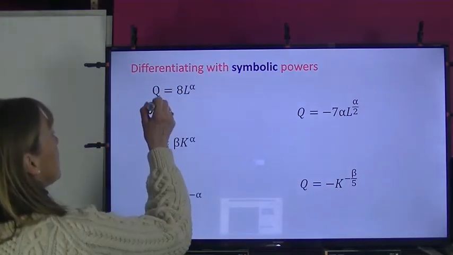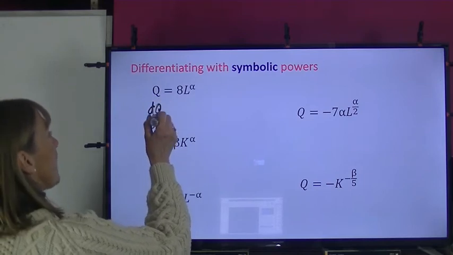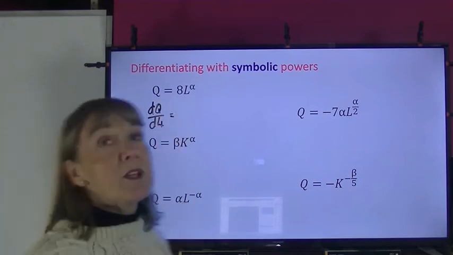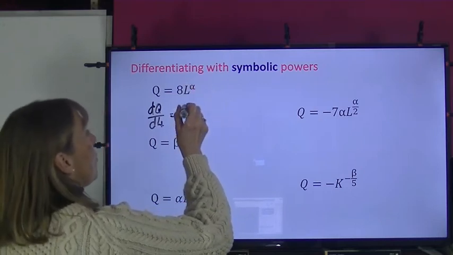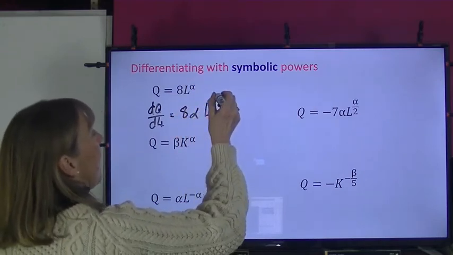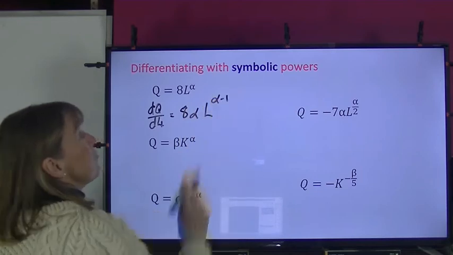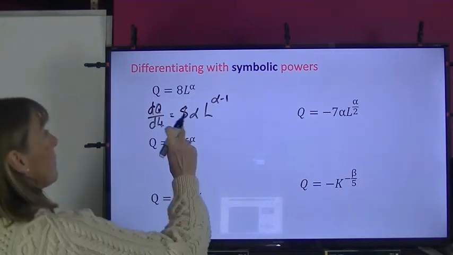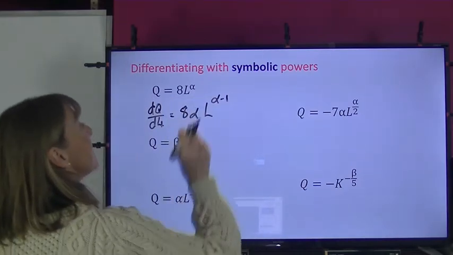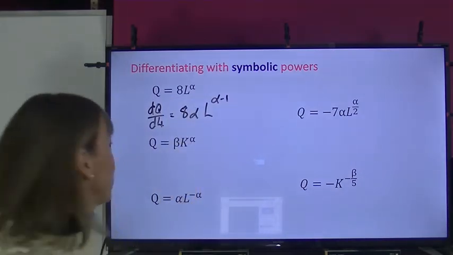So here we're going to differentiate Q with respect to L, and as always we're going to multiply by the power, 8 times alpha, and now the power will become just alpha minus 1. Makes sense, doesn't it? If we have a mix of numbers and letters, we normally put the numbers first, but it doesn't matter.